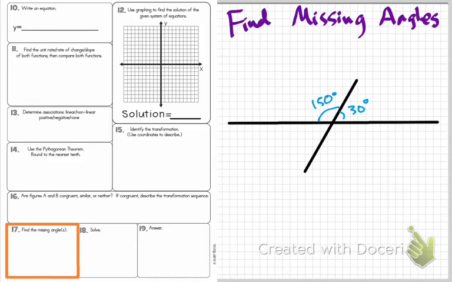Because the diagonal transversal line is also a straight angle, I should be able to figure out what's underneath the 150 degrees. I know that that diagonal line is a straight angle. It equals 180 degrees. So I should be able to find something plus 150 equals 180. And that missing angle would be 30.